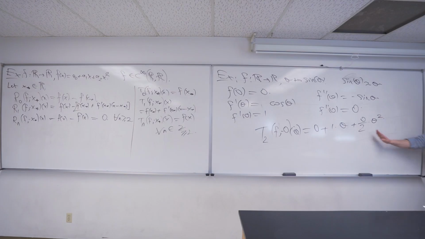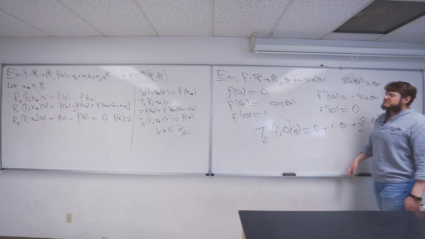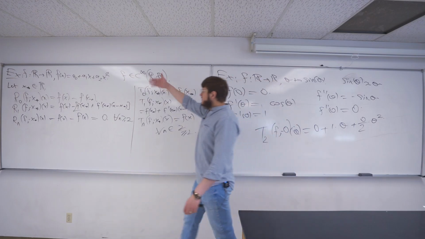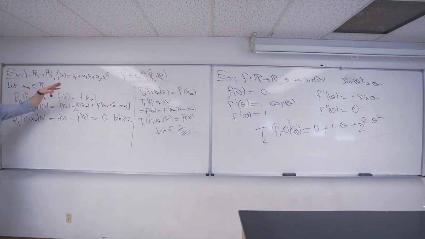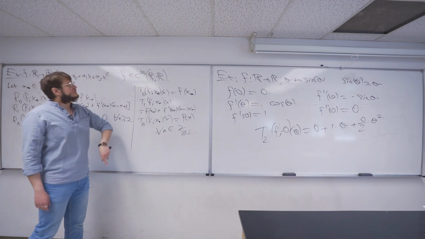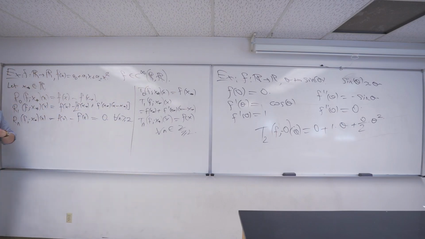We still haven't proved that this approximates sine up to second order, but Taylor approximation is all about this. So you see, the reason is that many functions in calculus, in applications, are not even polynomials. They're not even C infinity, but never mind. At least they're infinitely differentiable.